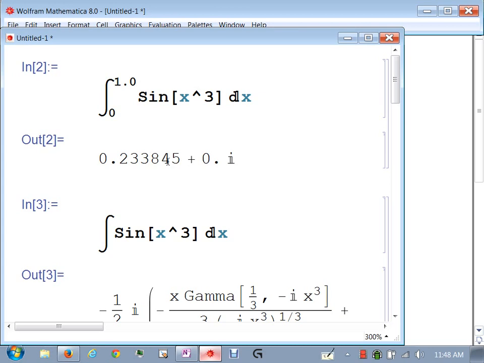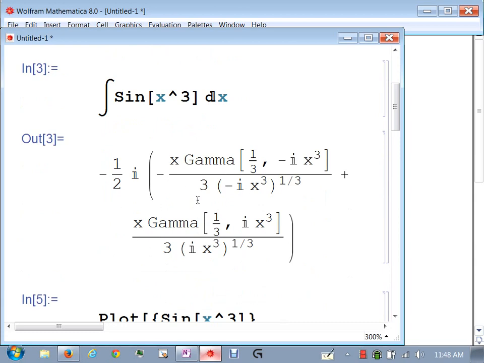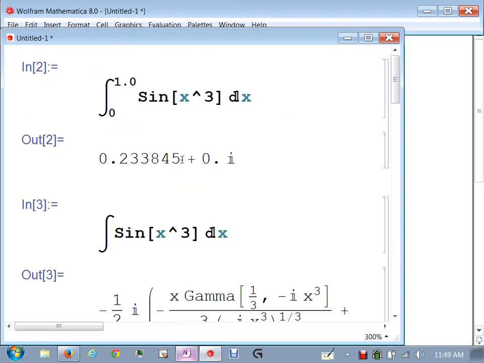To do it ourselves, we would need to come up with the antiderivative first and then evaluate it at the two endpoints. We can't do that. However, because sine is a power series, we can represent it as an infinite series, and that's the way we'll attack it to get the same approximation Mathematica did.